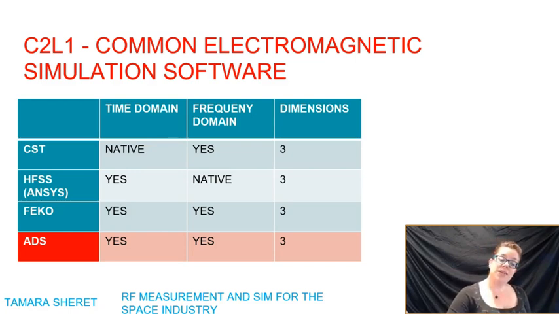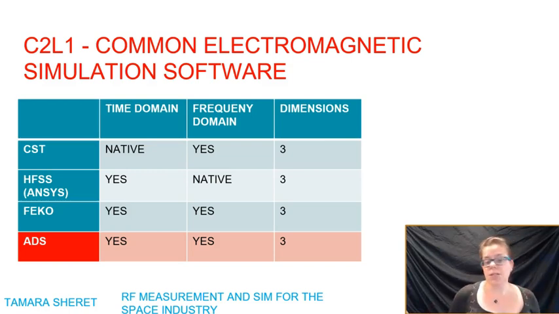You'll find that HFSS is a little more prevalent in industry. You find a lot of CST, but you'll find a lot of HFSS. And certainly if you're in an antenna department, HFSS is kind of your tool of choice. FICO is kind of a slightly newer one that's come along, but has made some incredible progress. It's a little bit more all-encompassing.